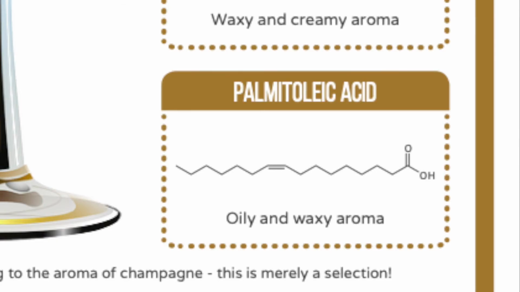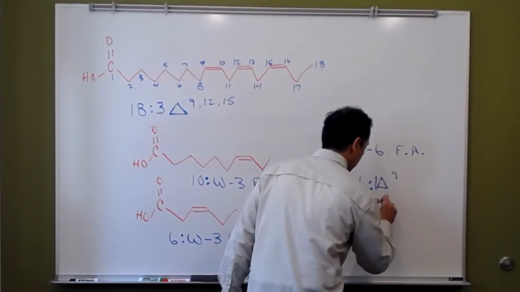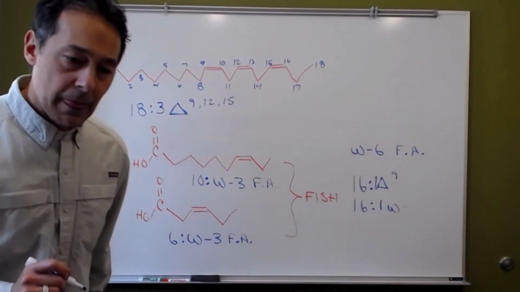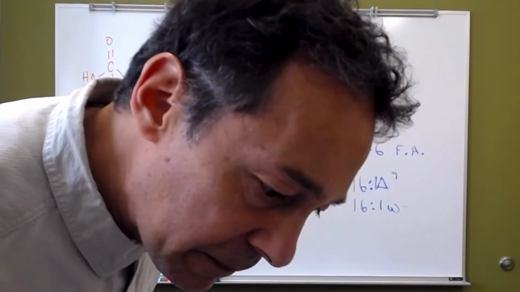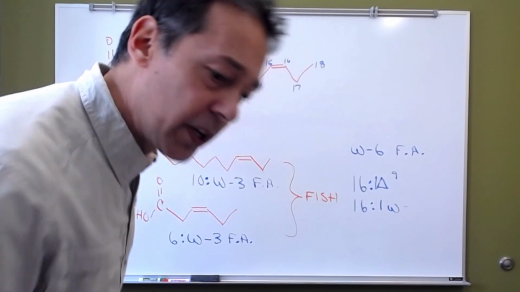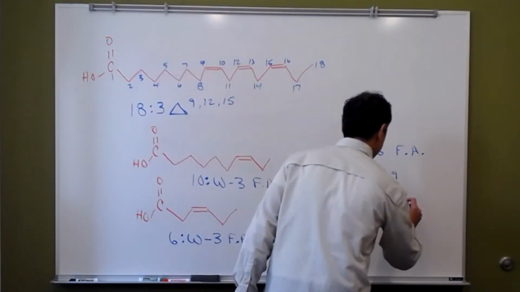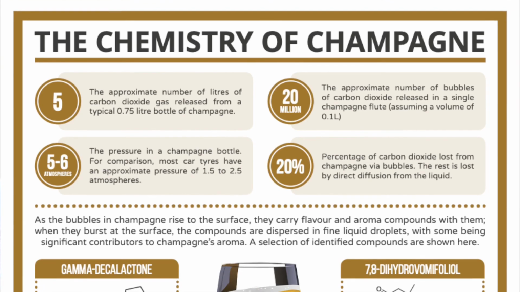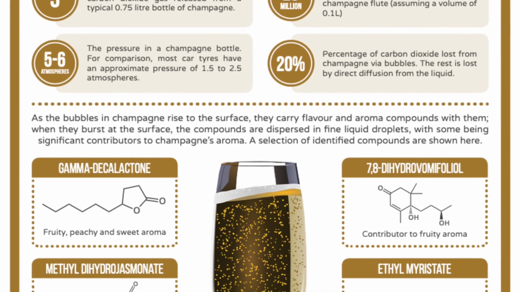Or if we were to go from the other direction, we might call this a 16-1 omega, we call this a 16-1 omega 7 fatty acid there. Okay. All right.